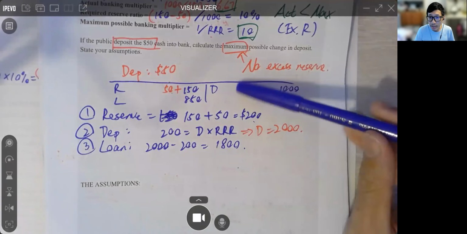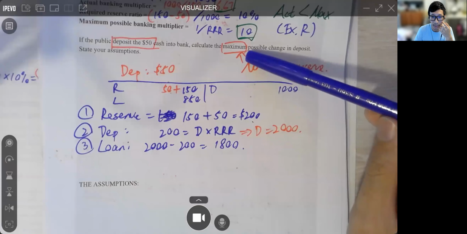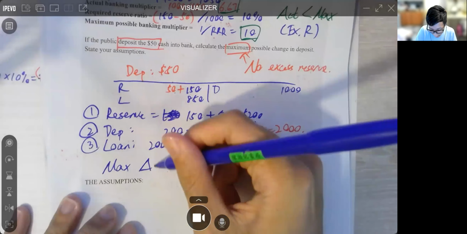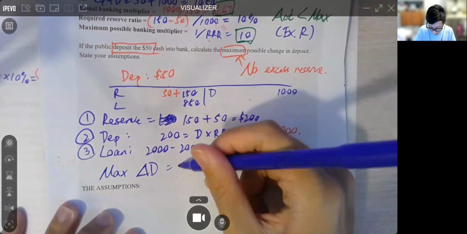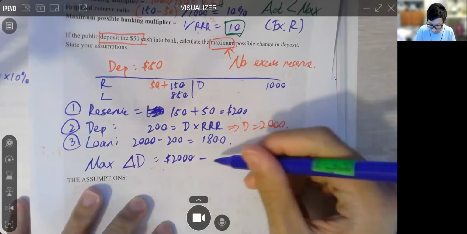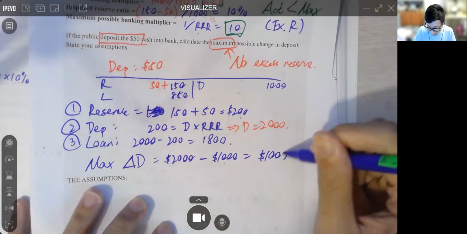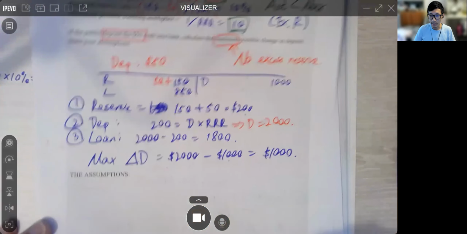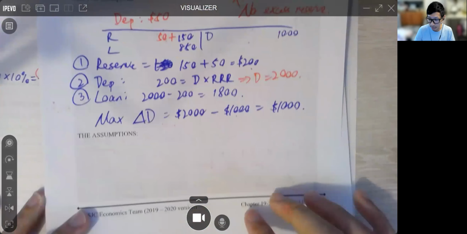So to answer the question, 我哋要去回答呢條問題啦。Okay? The maximum change in deposit is just, again, new 2000 minus original 1000. That would give us $1,000 change in total. Okay? 好啦，when we talk about maximum, 記唔記得啊？ What are the assumptions? Okay?